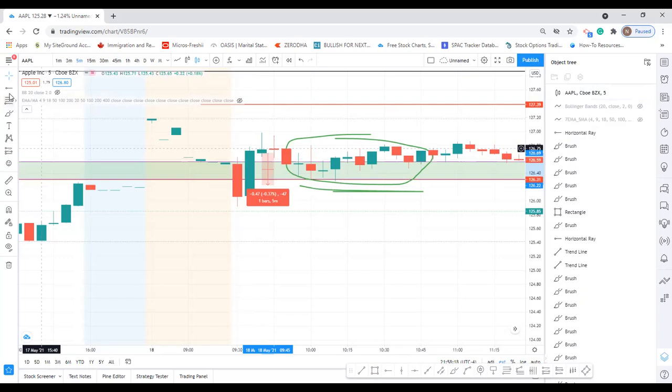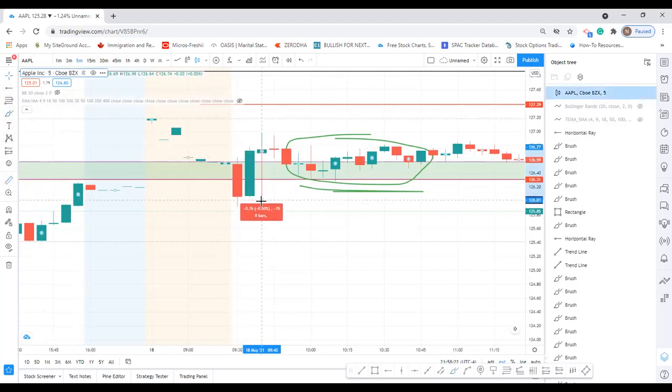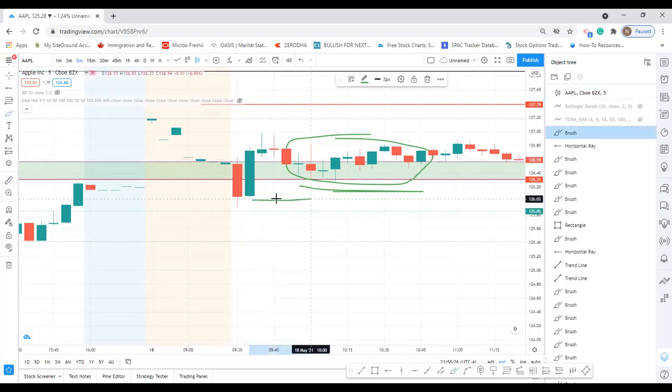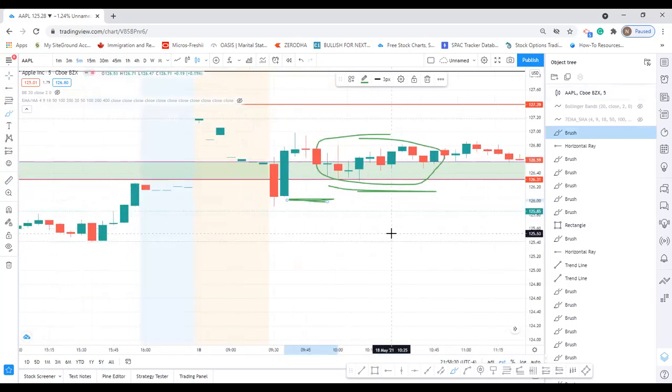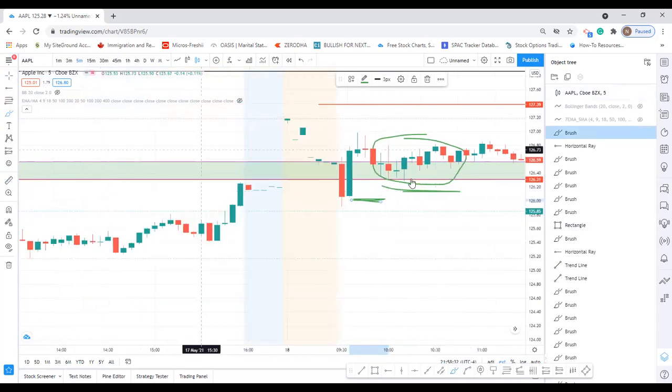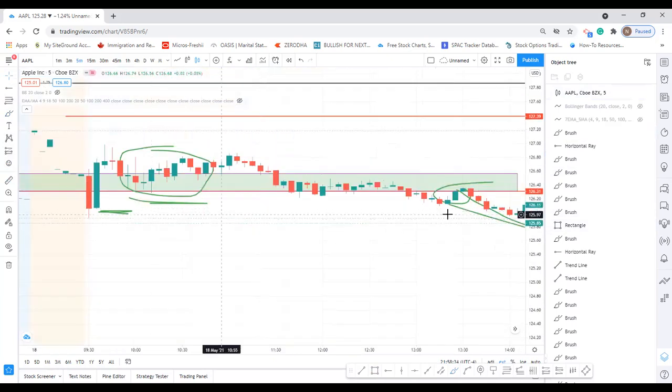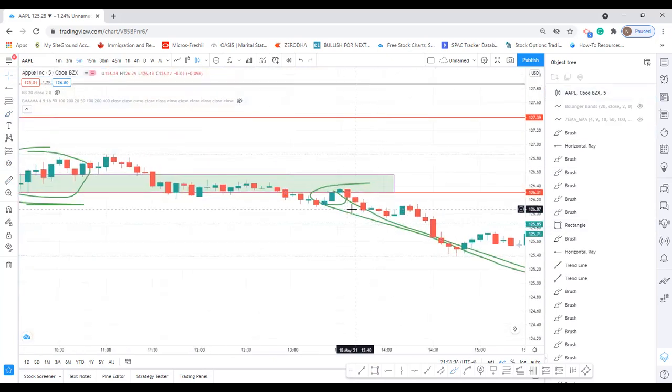Or actually, not this one, this will be your actual stop loss, because you have to put it below that candle. So this is hit. Where did it hit? Yeah, it did hit here. So you lost about 70 cents.